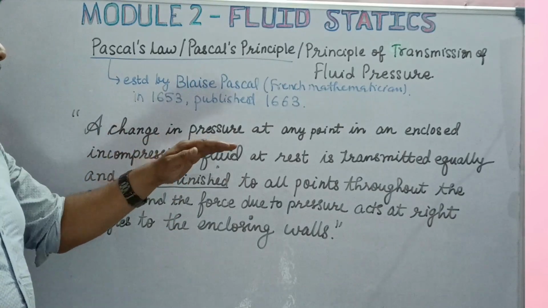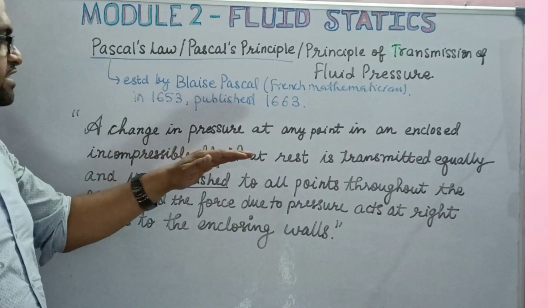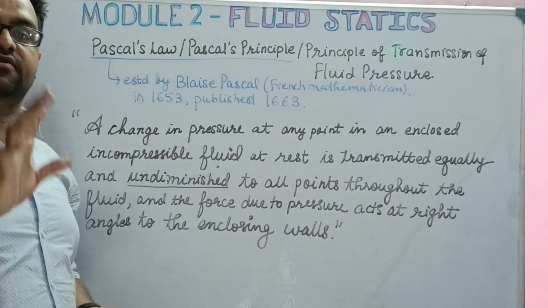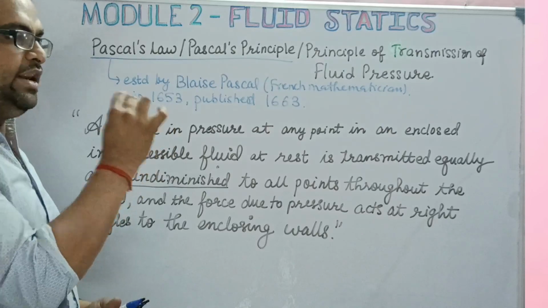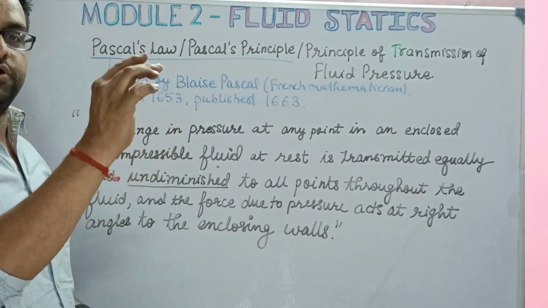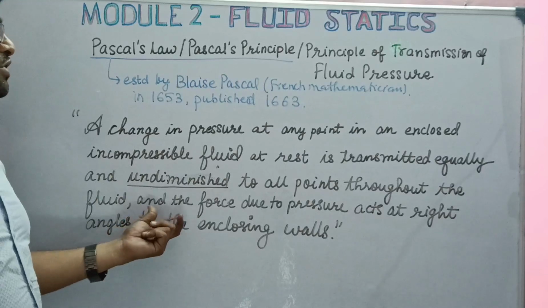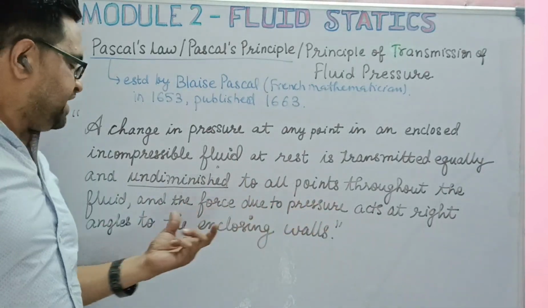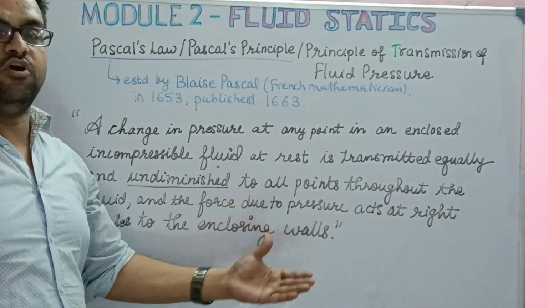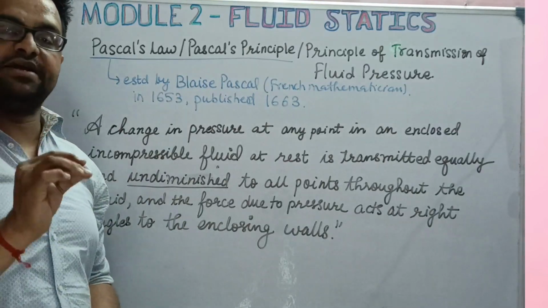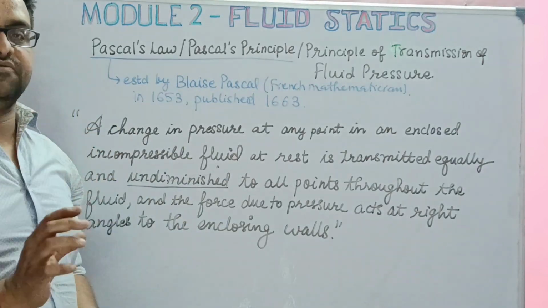The change is transmitted equally and undiminished to all the points throughout the fluid. If you take any point throughout the fluid, it will be the same everywhere, and that force due to pressure always acts at right angles to the enclosing walls, normal to the surface upon which that pressure acts.